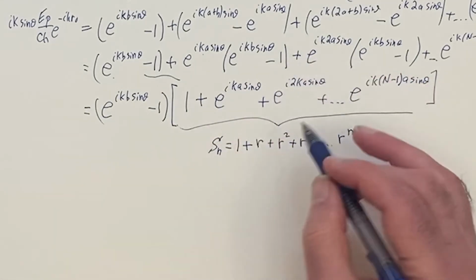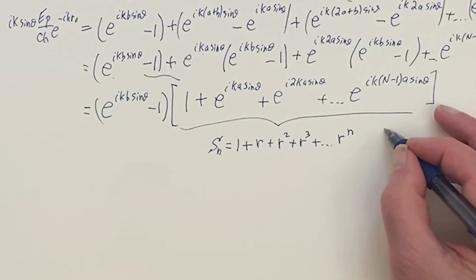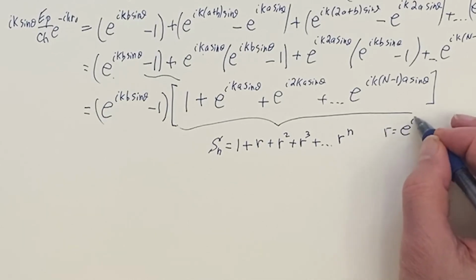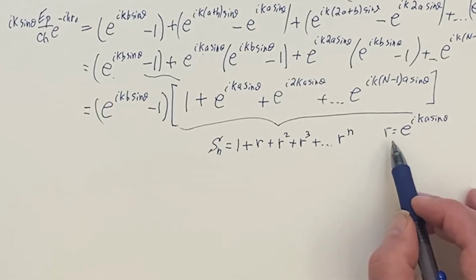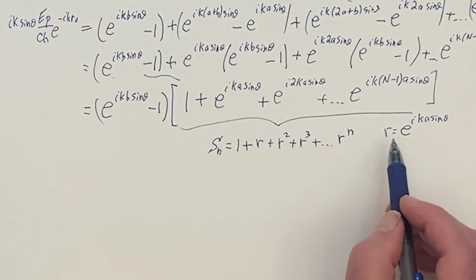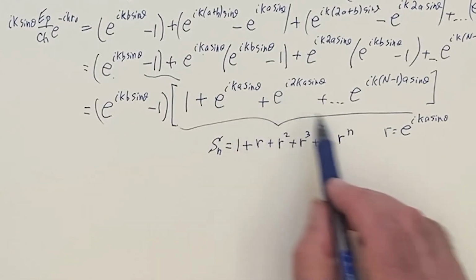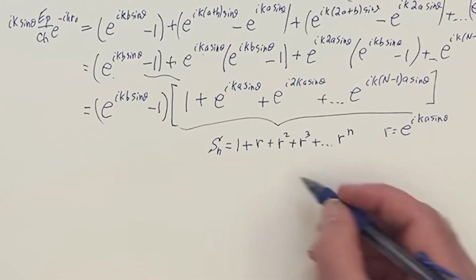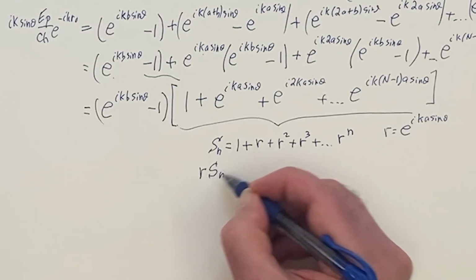Because that's what we're doing here. In fact, the r is e to the i ka sine theta. And if you multiply 1 by this, you get this one. And then if you multiply again, the exponents add, you get 2 up there, and so on.